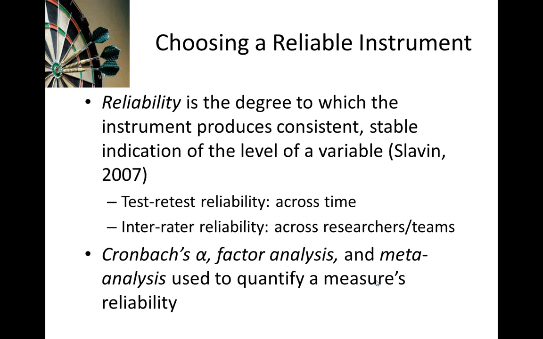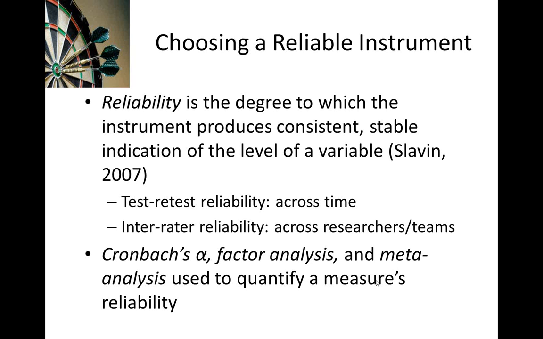Okay, so that's validity. Reliability is a little bit different. Reliability is the degree to which the instrument produces consistent, stable indication of the level of a variable. So let's unpack that a little bit. What are levels of a variable? Well, let's say that you're studying, again, PTSD.